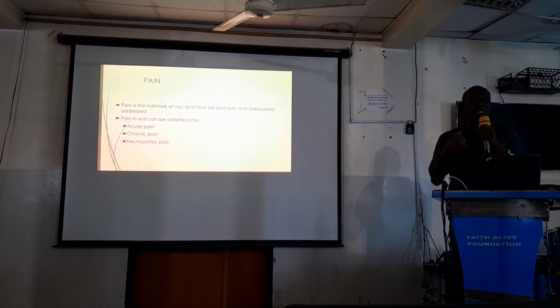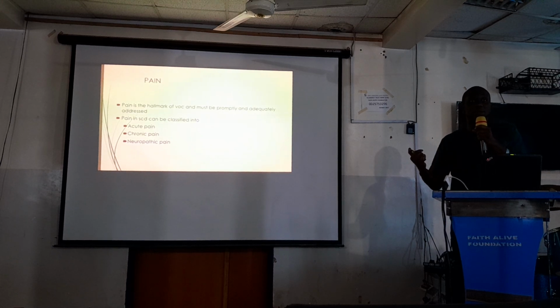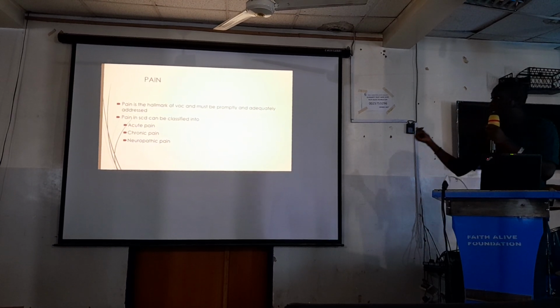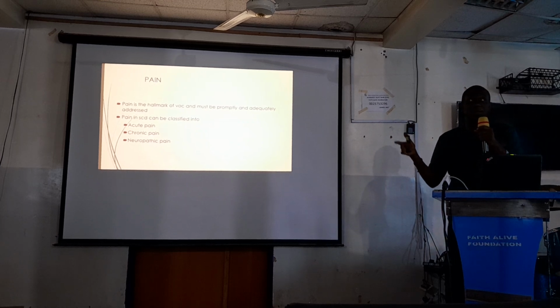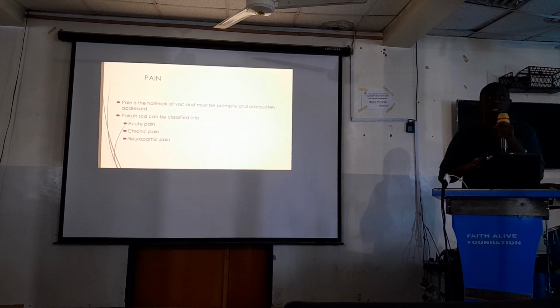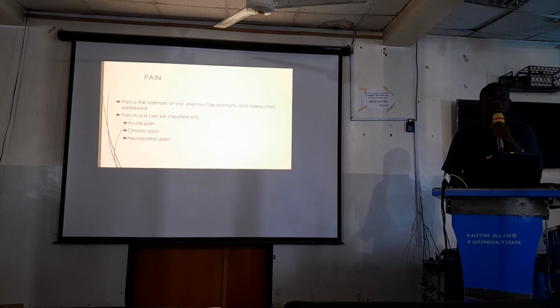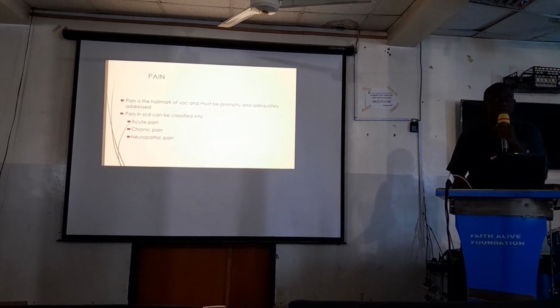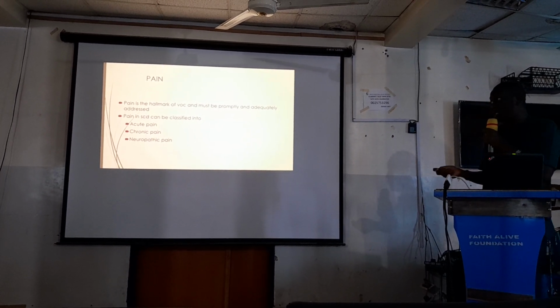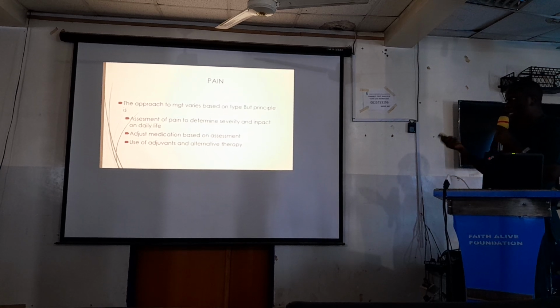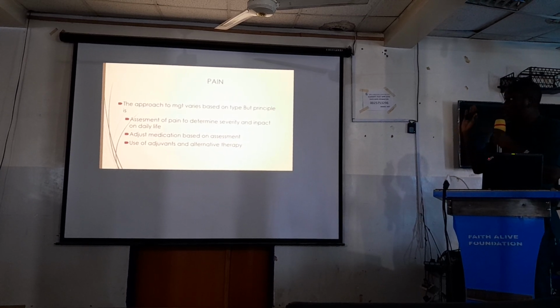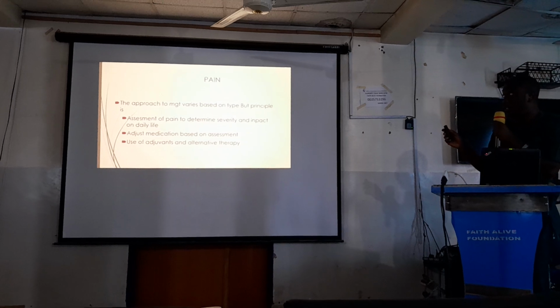Those organ damages might lead to more permanent pain, which we describe as chronic pain. Neuropathic pain is from nerve injury, so there's actually no tissue damage happening, but the nerve is sending wrong signals. For that the management is different. The approach depends on the type of pain you're dealing with.